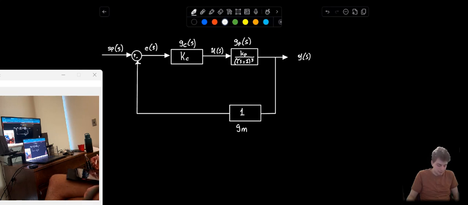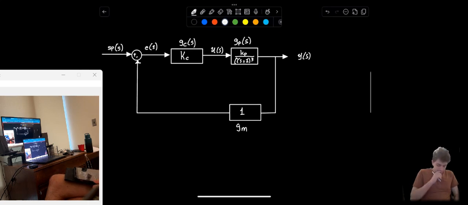So what we're going to do next is determine what values am I limited by in terms of system stability with my controller gain value, that KC value, sorry.